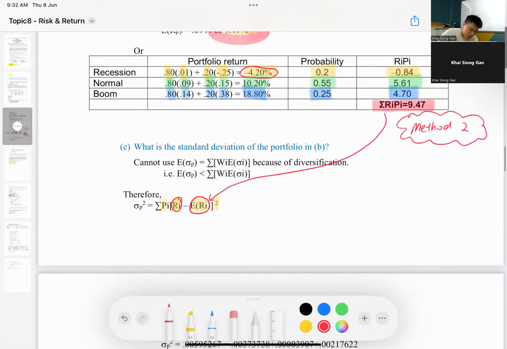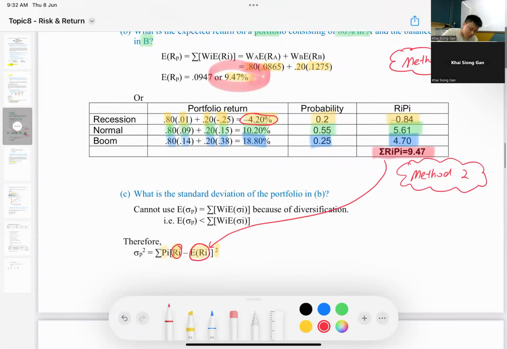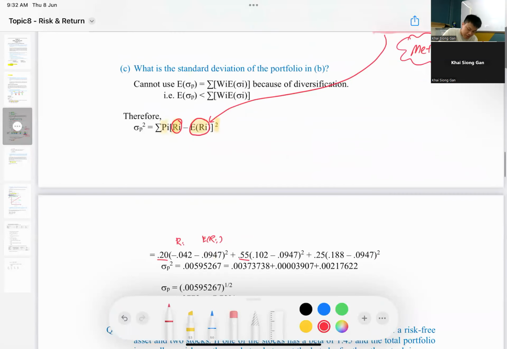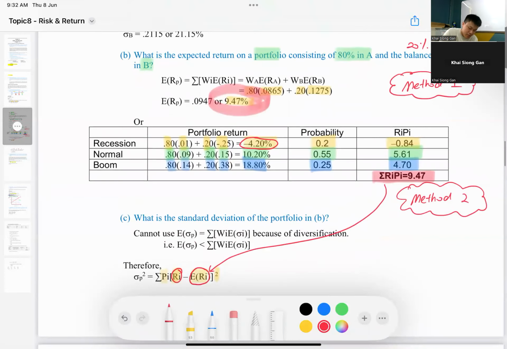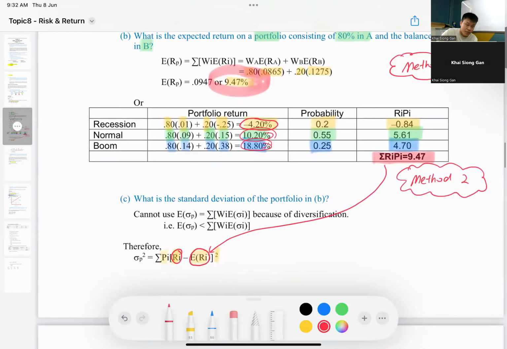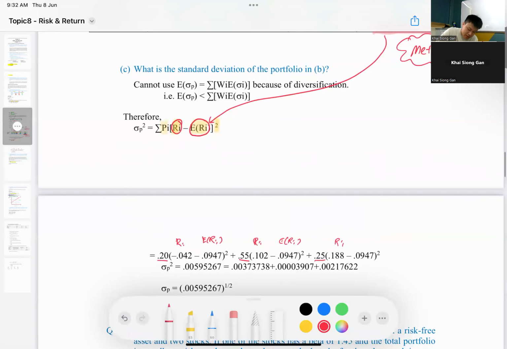Then same thing for the normal and for the booming. 10.2%, so I put in decimal, so this is the RI, and this is the expected return. And then the last one, booming, again, where do I get this 0.188? I get it from here. So you see all these returns, I got it from the table, minus the expected return.